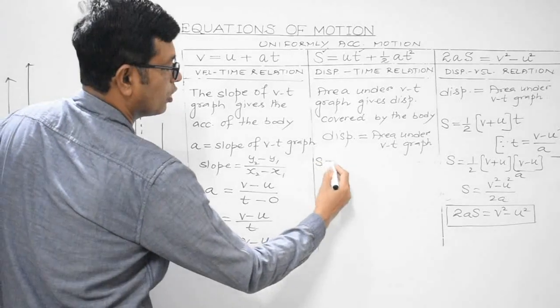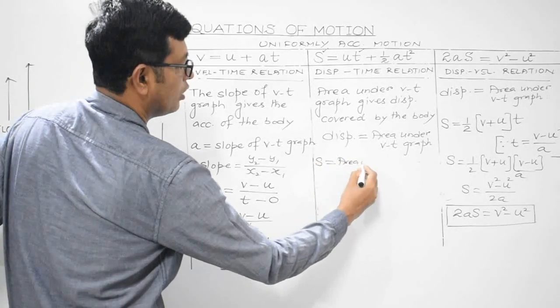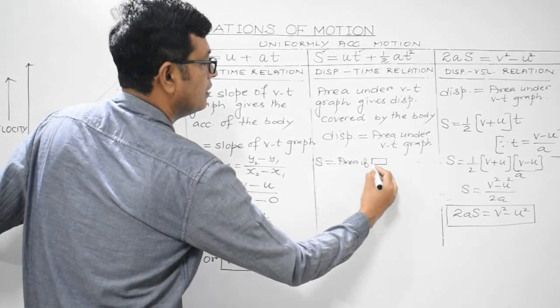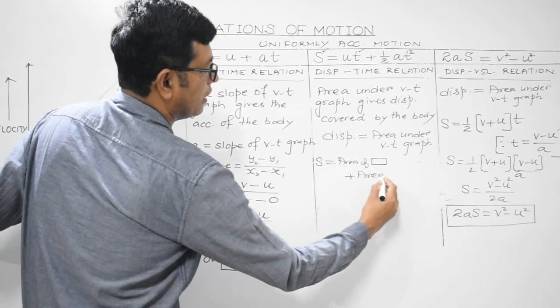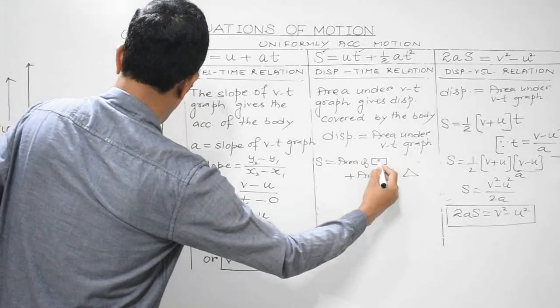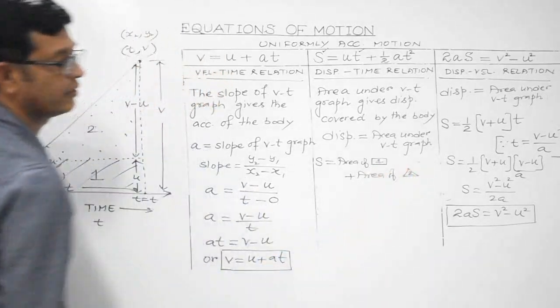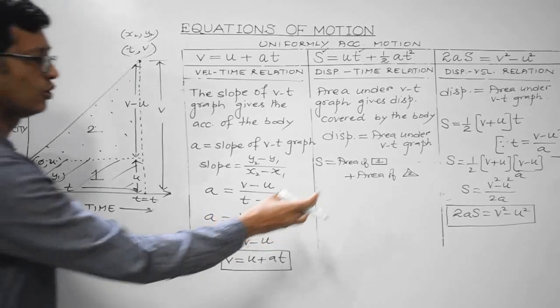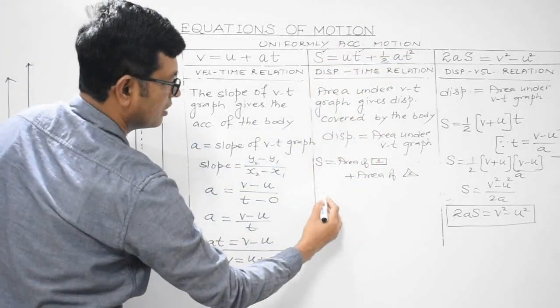So displacement may also be written as area of rectangle plus area of the triangle. In that way also you can directly get this particular result.